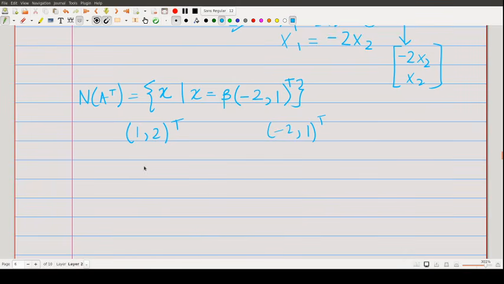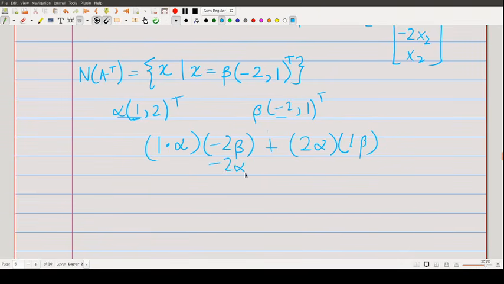So the product is 1 times alpha times minus 2 times beta, plus 2 times alpha times 1 times beta, and what you have here is minus 2 alpha beta plus 2 alpha beta equals 0.